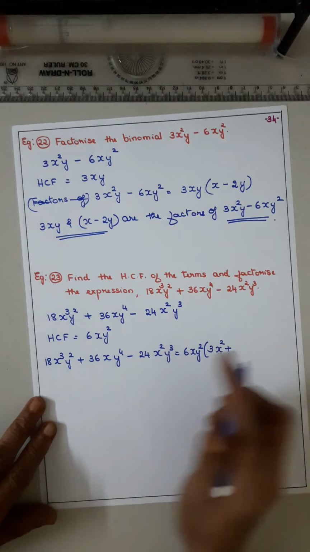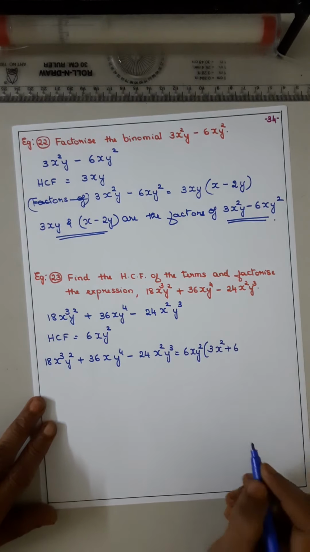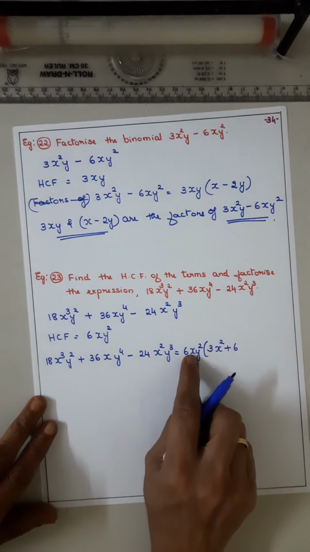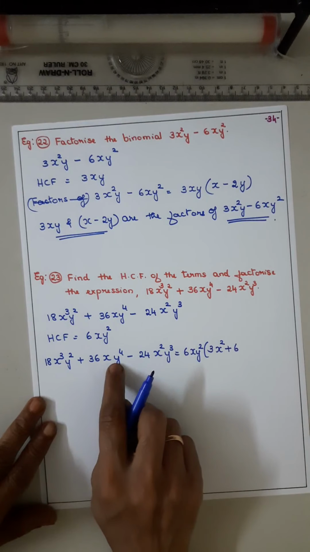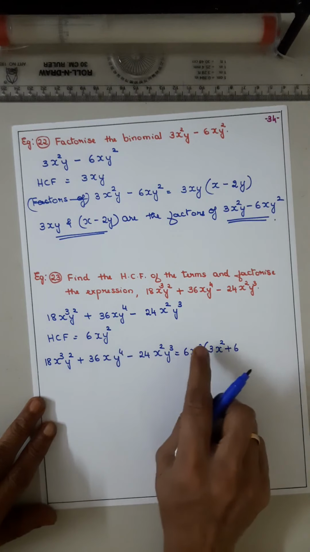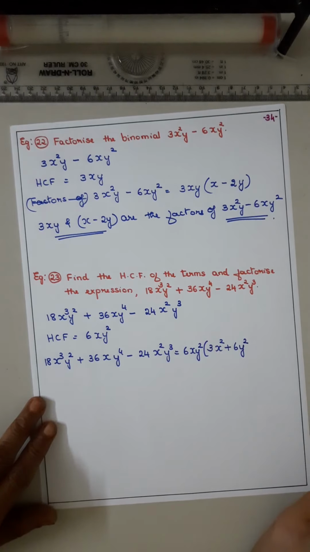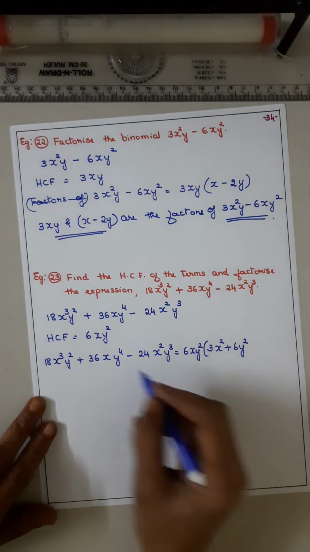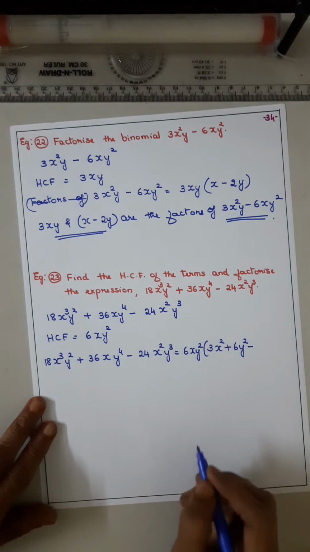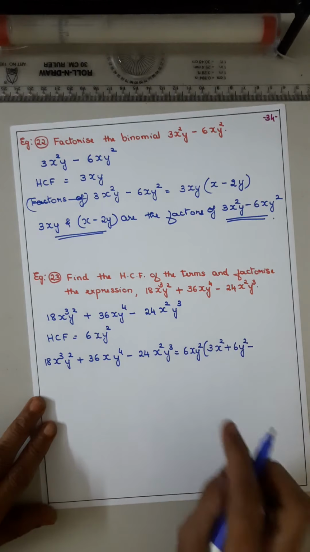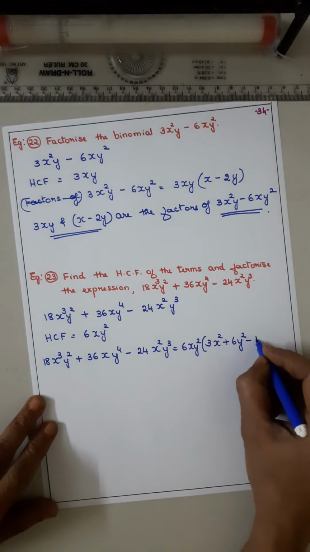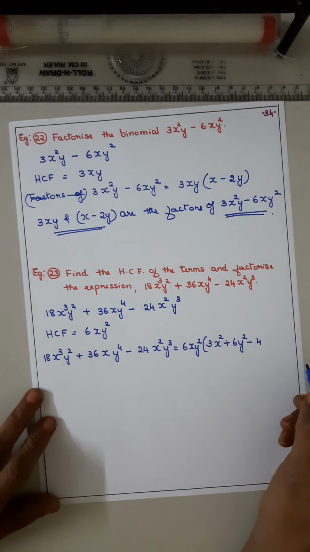6 how much? 36. 6 sixes. X already it is written. Y to the power 4. From 4, 2 is written so what will remain? 2. 6y squared. Now the sign is minus. 6 how much? 24. 6 fours 24.